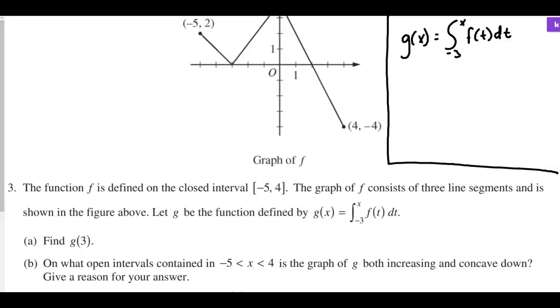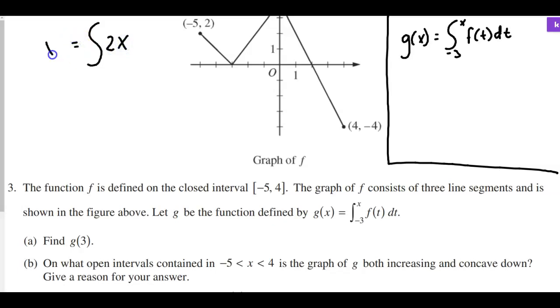Okay? Now, that means that g is the area under the curve of f. Okay, we've talked about that in part A. Now, here's another thing to be aware of. Let's think of it this way. Don't write this, but just to help you understand, what is the integral of 2x?